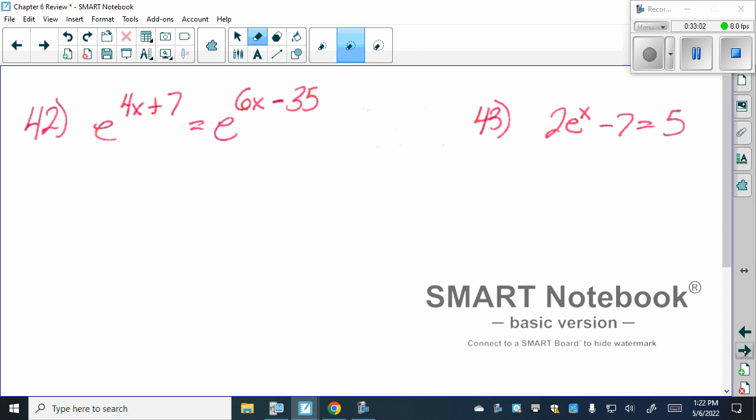42. So we'll do 41 on Monday. Are the bases the same? Well, yeah, so we can use the ln. Because the reason this works, I could do ln of both sides, and ln of e and ln of e would be gone, which is just telling us 4x plus 7 equals 6x minus 35.